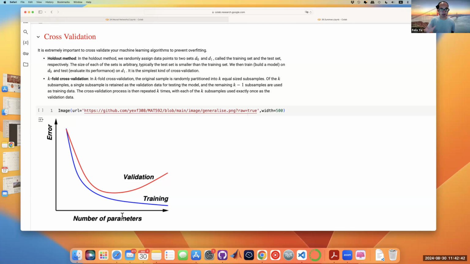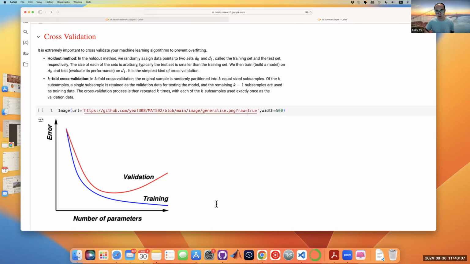We can vary our number of parameters and redo this again and again. Then you get a plot of training error and validation error versus the number of parameters. The key here is, as the model gets more and more complicated, the training error always decreases asymptotically.